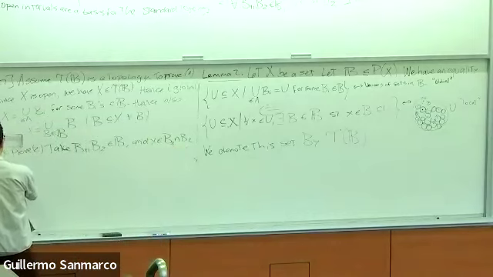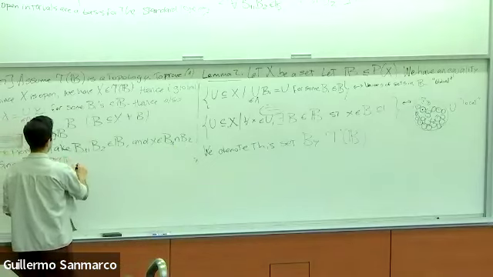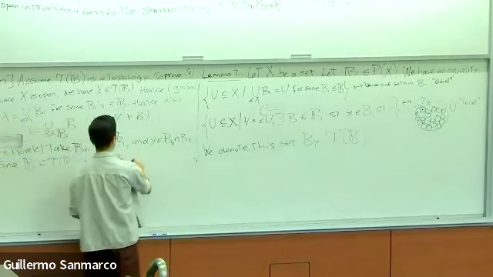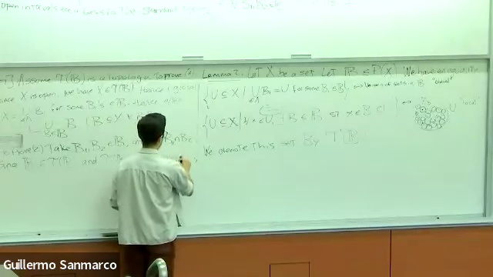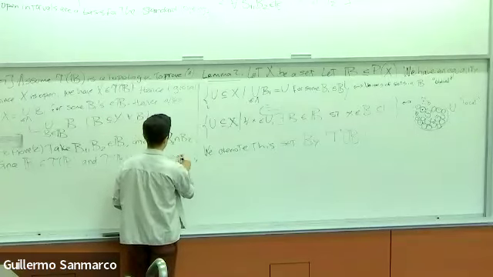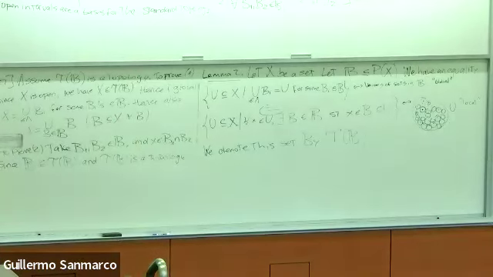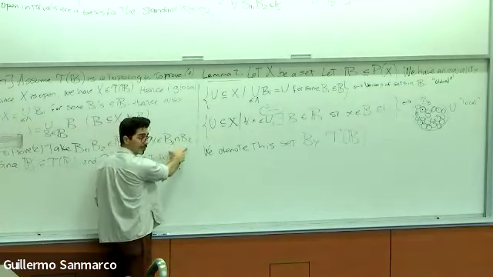So since B is a subset of T of B, and T of B is a topology, that's what we're assuming, I don't know that the intersection is going to be in B. That's pretty much never the case.